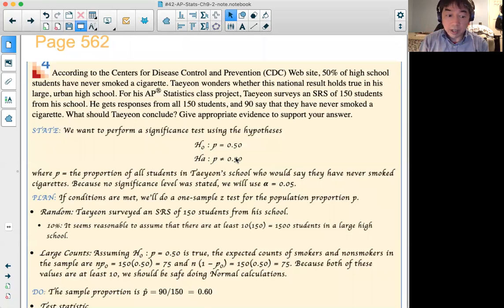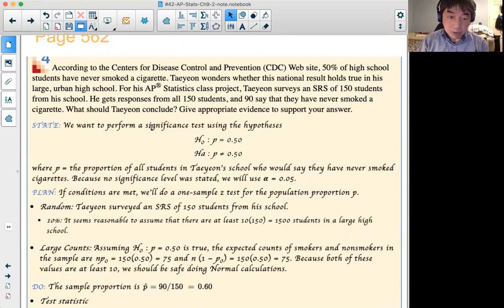But Taehyun's high school survey was different, which is 60% and 40%: 60% have never smoked before, and 40% yes, they have experience smoking.